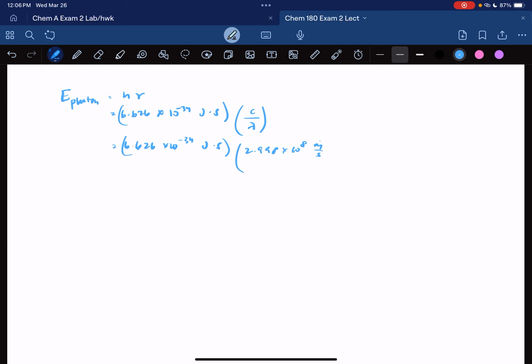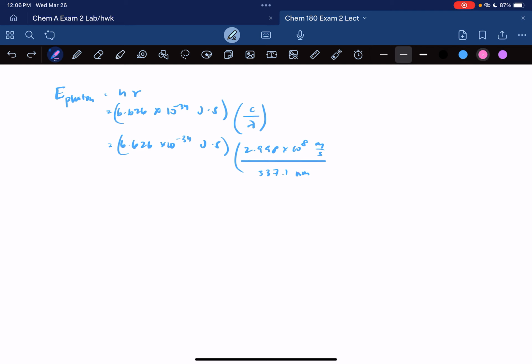Divided by lambda, which is 337 nanometers. I write it as 10 to the minus 9 meters, because I want to cancel out the units.